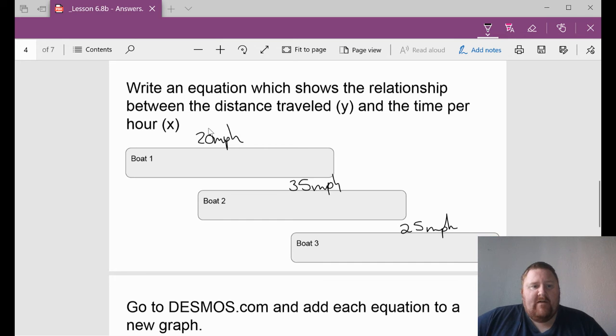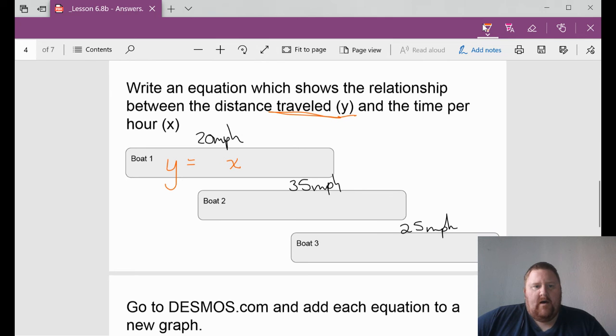So what I've done is I've rewritten here the speed that each boat is traveling at, just to remind me. And so it says here that the distance we're going to call y. So the distance for boat number 1 is dependent on, or equal to, the time per hour. So per hour, we're going to say is x.